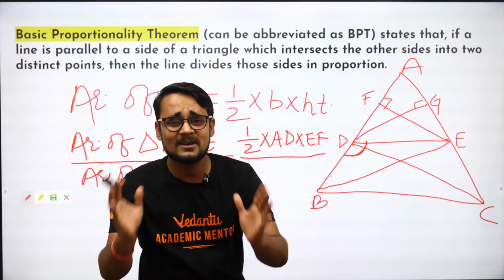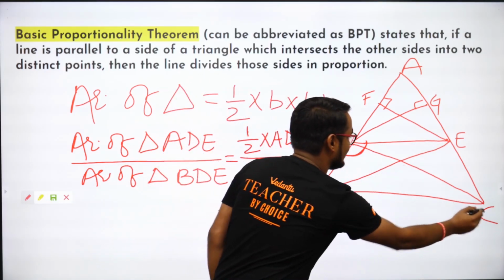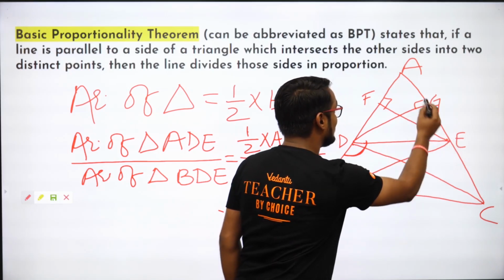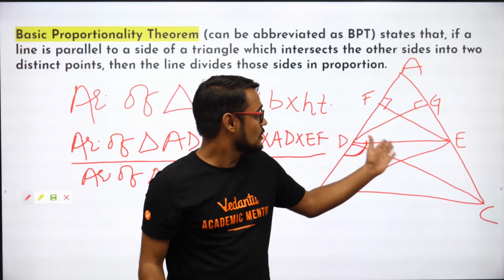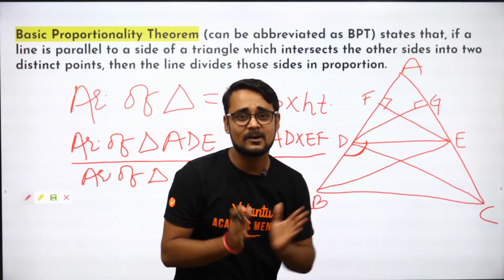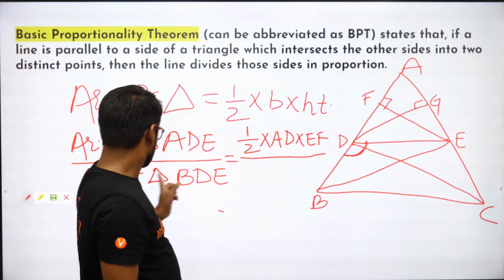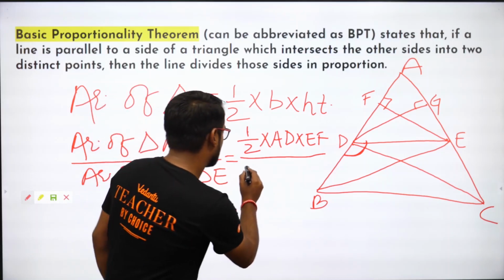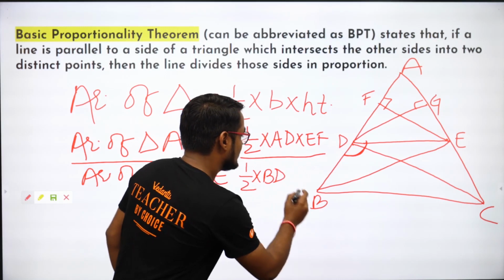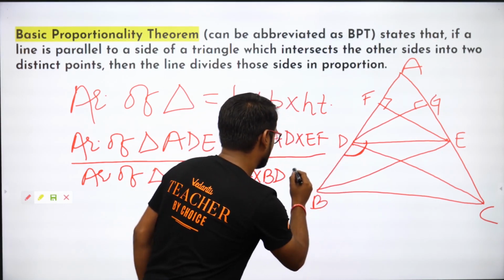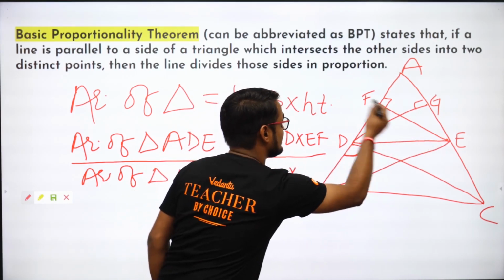And in a similar way, for triangle CDE, DG will be the perpendicular height. So once we are going to find that area, we will use DG as perpendicular height. So once we have to find the area of BDE, we will write it as half into BD, this is BD, base, into perpendicular height, that is EF.